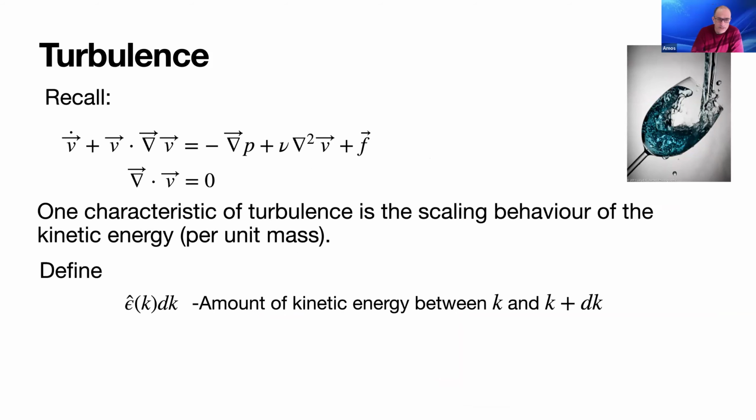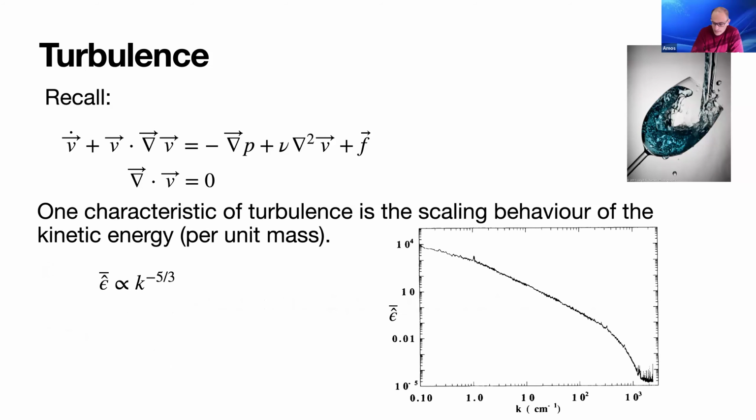So what does that mean? If we define the kinetic energy for the fluid per unit mass between some momentum k and k plus delta k, then what Kolmogorov says is that this quantity should scale like the momentum to the minus 5/3. This is called the 5/3 law. And this is a prediction, and it's realized in many experiments and simulations.